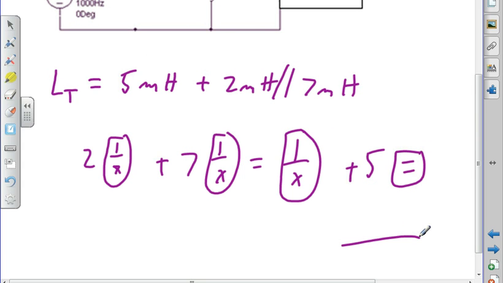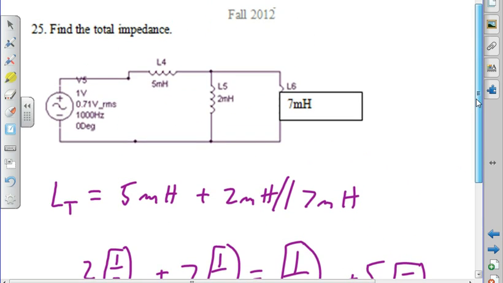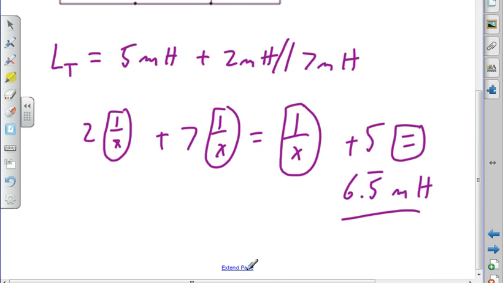It won't be the answer, it's just an intermediate one. 6.55, 6.5 repeating millihenry.